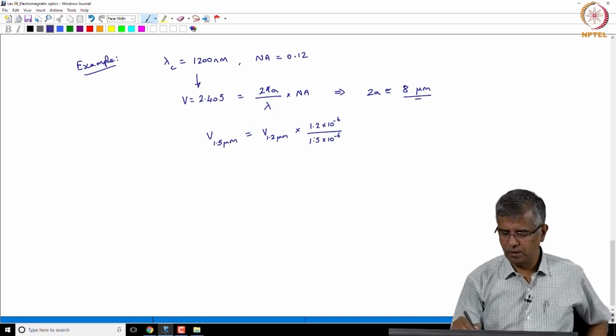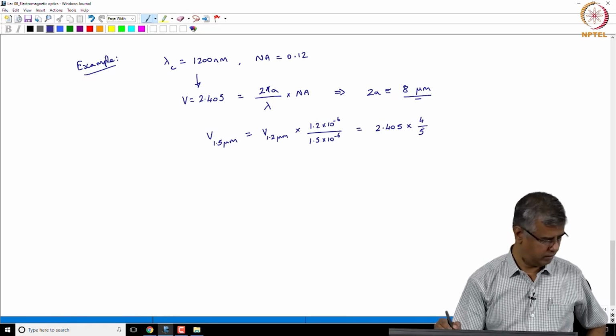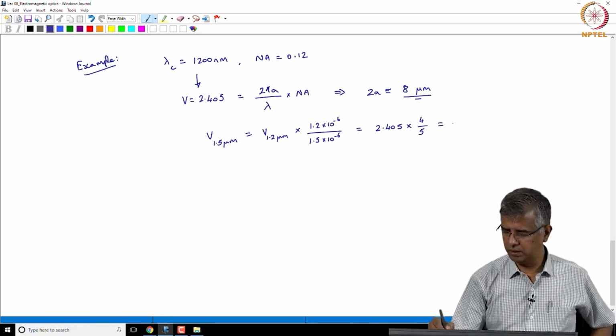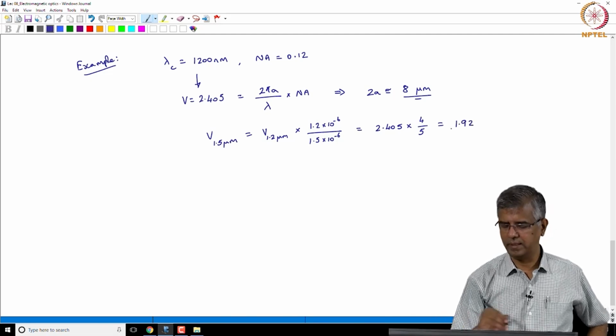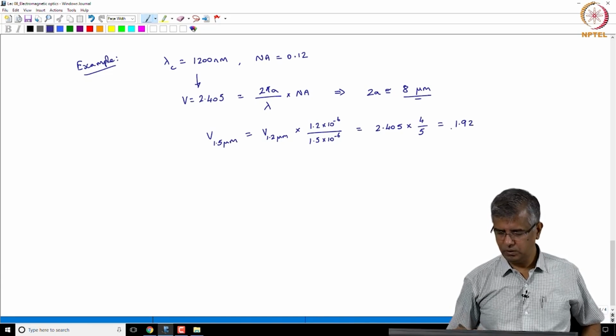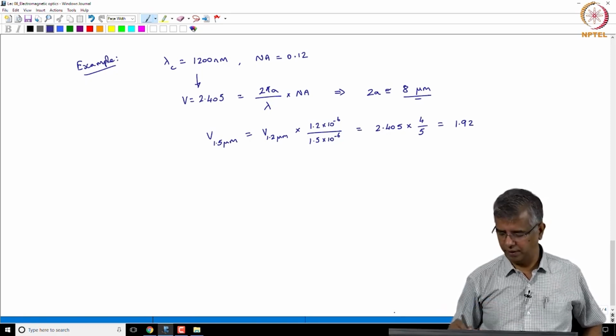So that is basically 2.405 multiplied by a factor 4 by 5, which would give you about 1.92. Okay. So you have a V number of 1.92 at 1.5 micron wavelength.